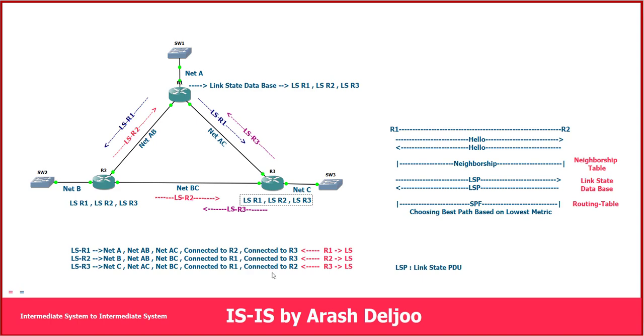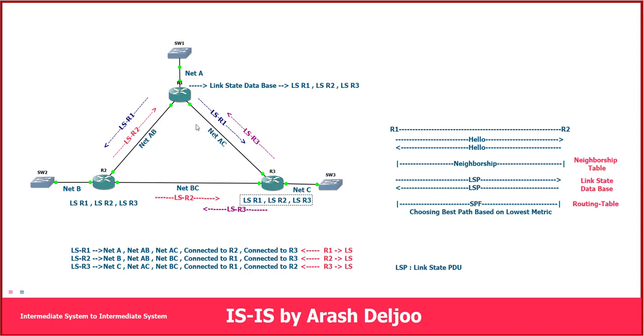This means that now R1 can imagine the map of the networks. Why? Because R1 now has the link state of itself and also the link state of R2 and also the link state of R3. And because of that, R1 now can imagine, can create, okay, can draw the map of these networks.